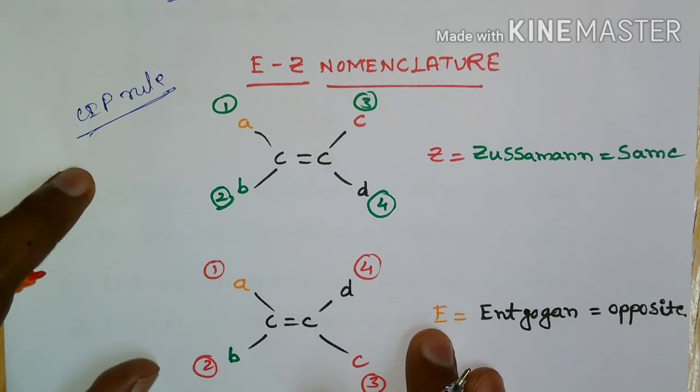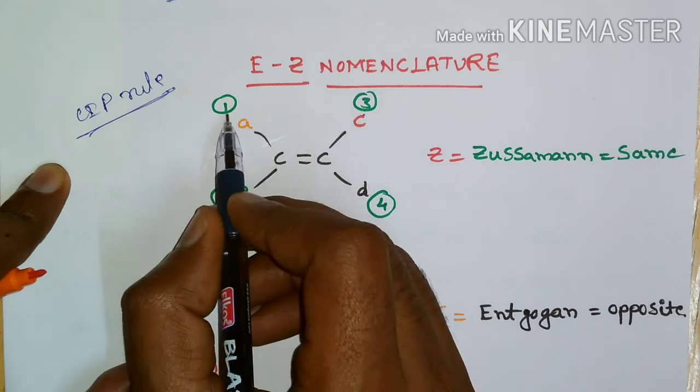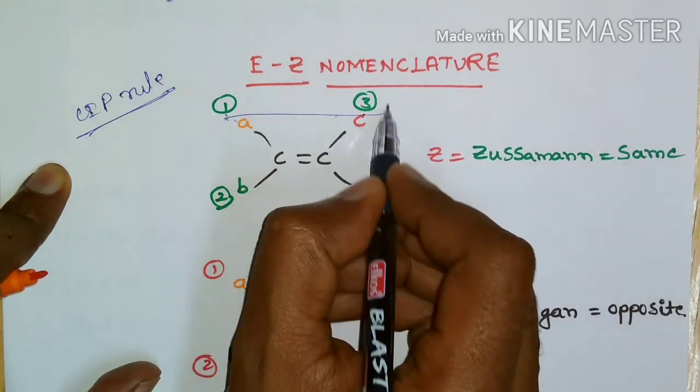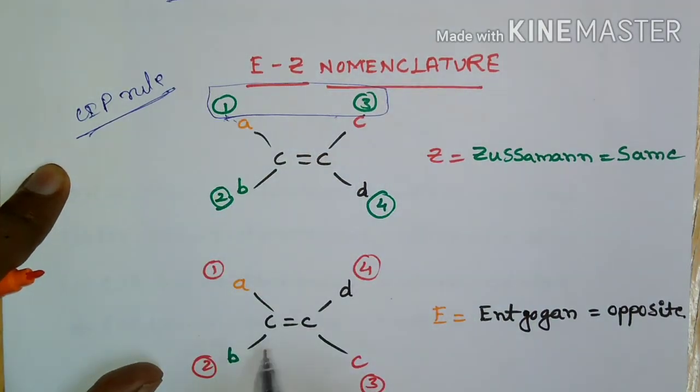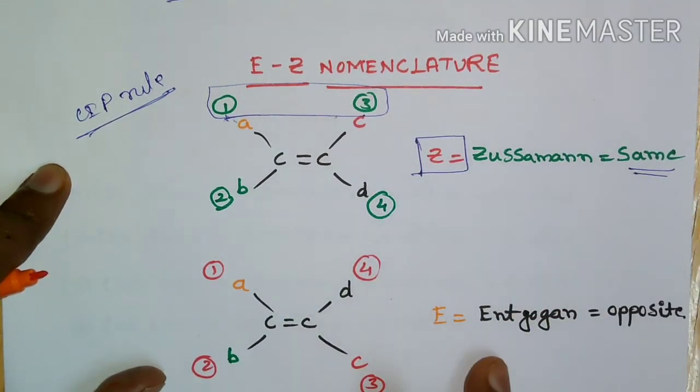But in EZ nomenclature, if the higher priority groups are on the same side, it is given Z, that is Zusammen, meaning same side.